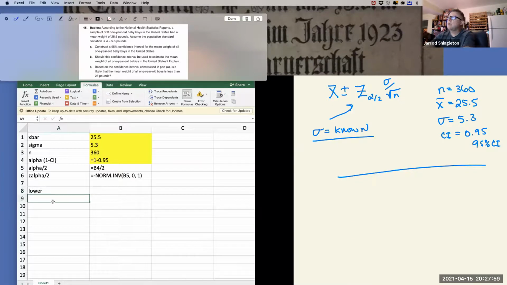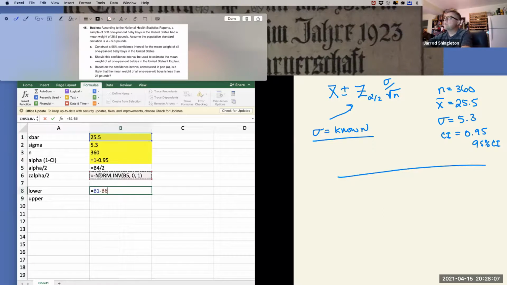I'm going to do lower and upper. Okay. My lower here is going to be x bar minus my z alpha over 2 times, and I put parentheses around here just to be a little bit safe, but I think I'd be safe without them, times sigma divided by square root of n.